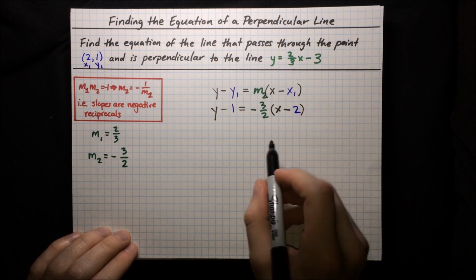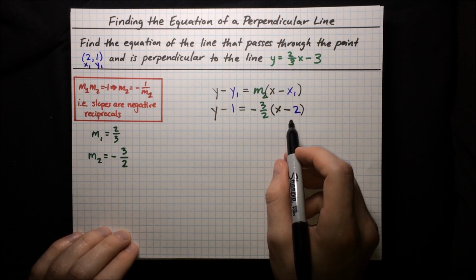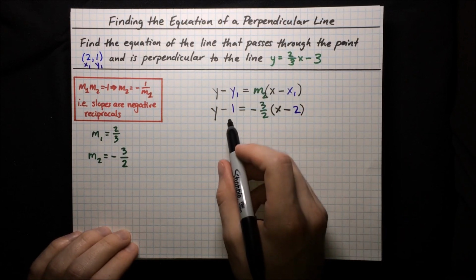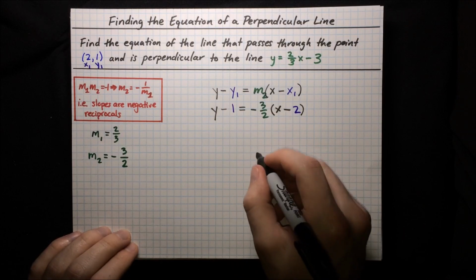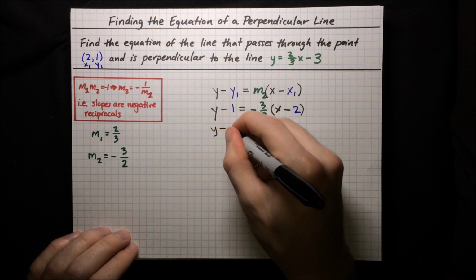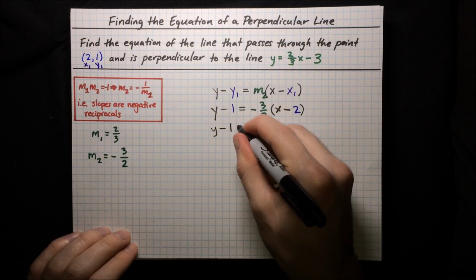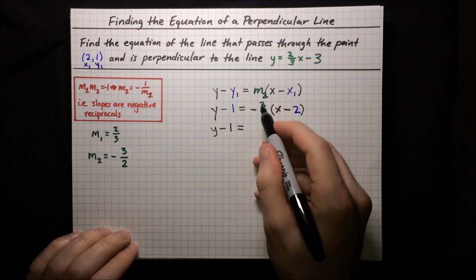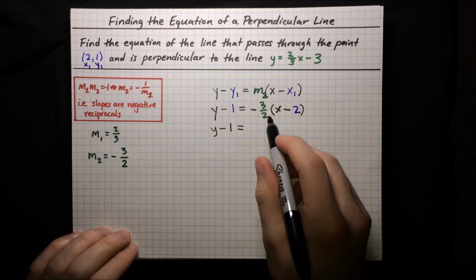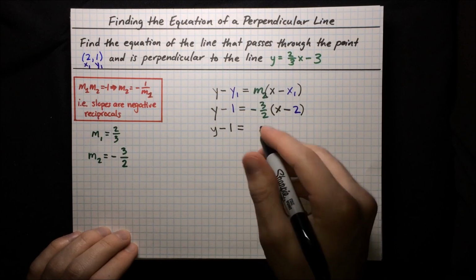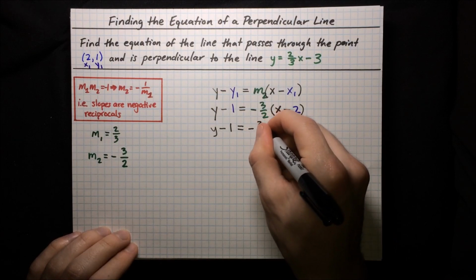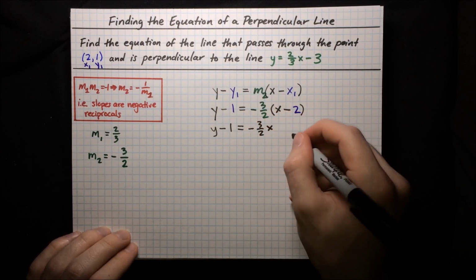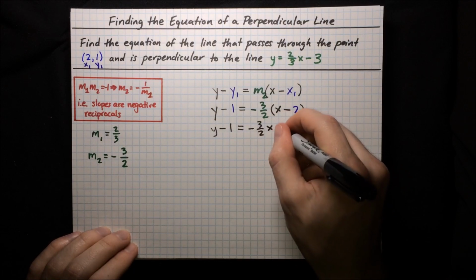So now we've got our equation here, and let's just go ahead and simplify into slope-intercept form. So we've got y minus 1 on this side, and that has to be equal to negative 3/2 times the quantity x minus 2. Let's just go ahead and distribute this. So this is negative 3/2 x, and then negative times a negative makes a plus.